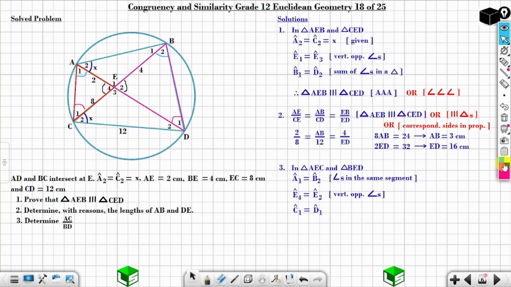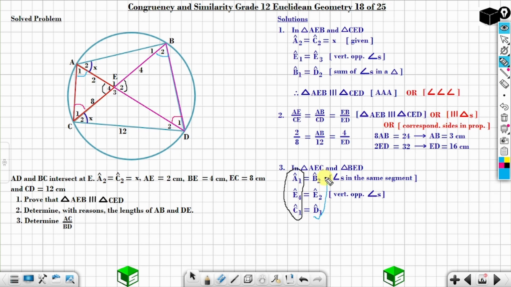These three angles are from one triangle, AEC: you have A1, E4, and C1.